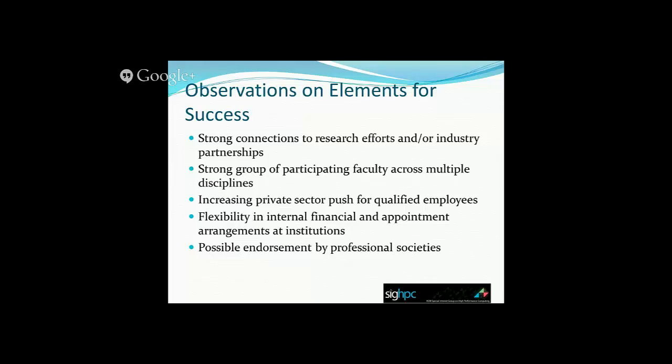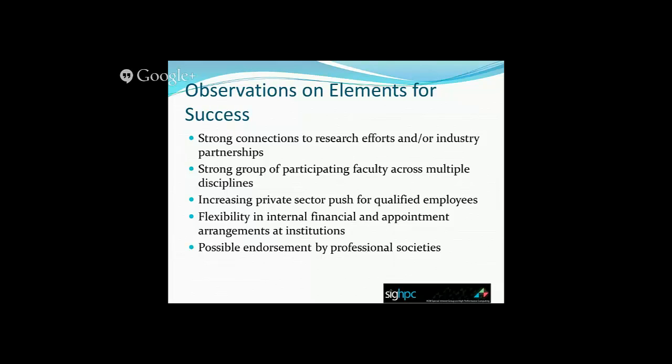If it's a connection to research efforts, it means faculty are actually training undergraduate or graduate students in ways that will help them further their research, and that gives them incentive to spend the instructional time to make this work.